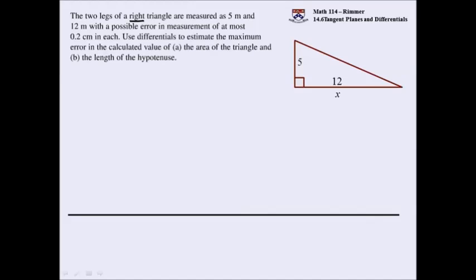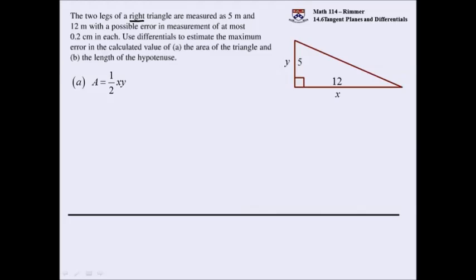Our formula is going to be that in such a triangle, the area is just 1/2 the base times the height, so 1/2 of xy is our area. This is our multivariable function z, a function of x and y. And so we're going to take the partial derivatives, and we're going to find out how z can change, how this area could change.